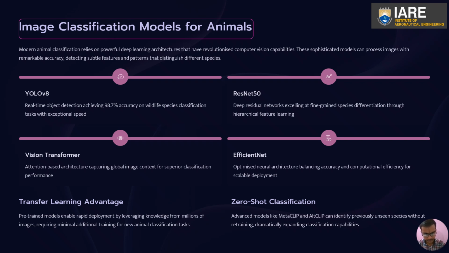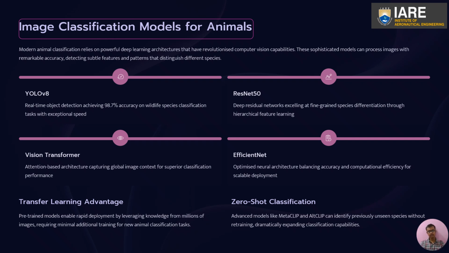Vision Transformer. It is an attention-based architecture which captures global image context for superior classification performance. And finally, EfficientNet. It is an optimized neural architecture which balances accuracy and computational efficiency for scalable deployment.